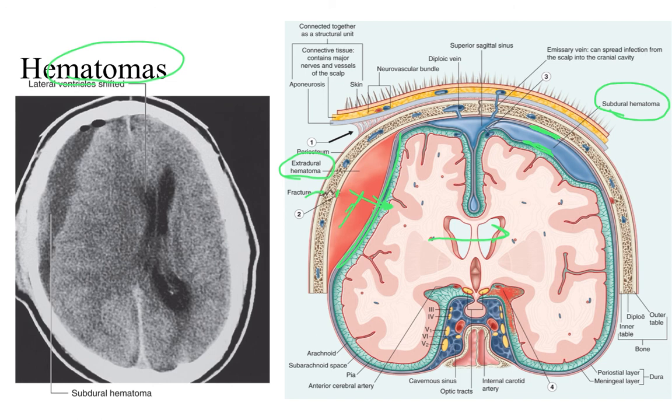So between the meningeal and the endosteal dura. And notice that this is mostly going to be venous blood that's pooling, so it's going to accumulate much slower and probably, you know, just looking at this picture, not cause as much damage because of the slow nature of blood collection and pushing on the brain tissue.